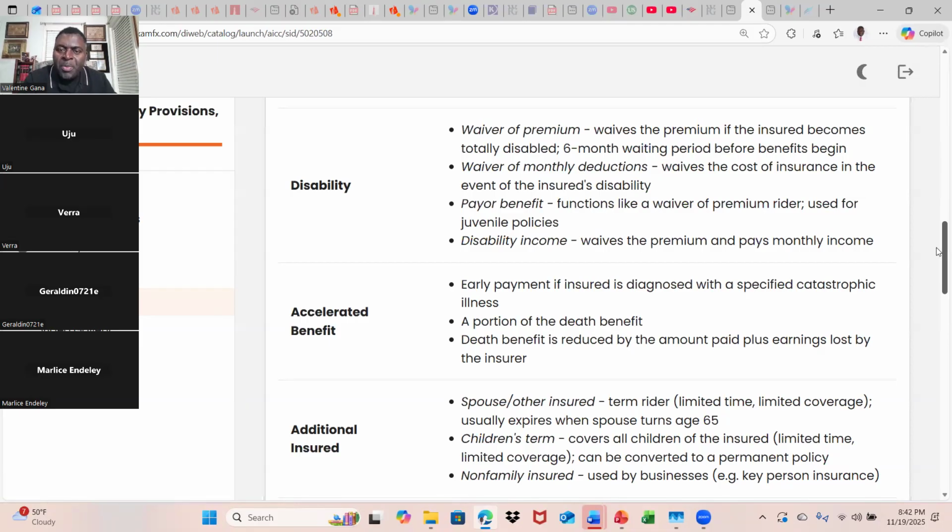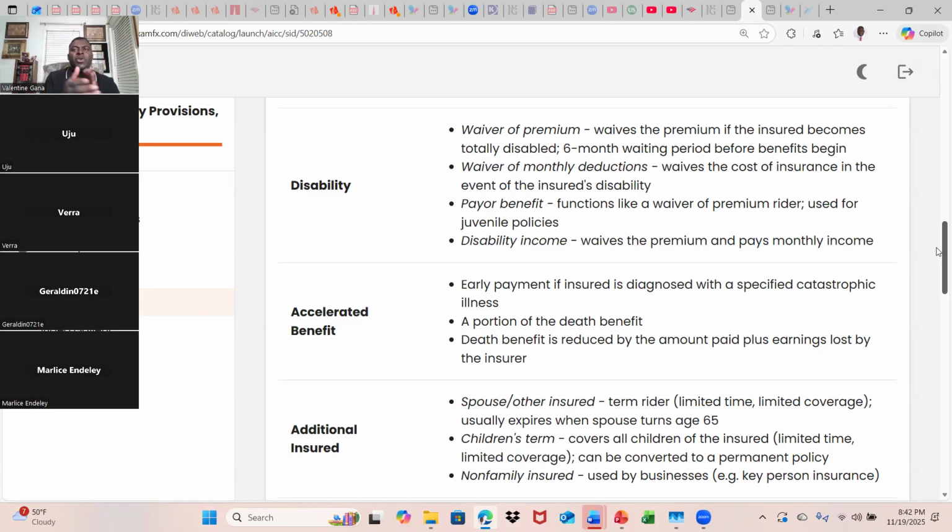What is waiver of premium? There are some policies that have something they call waiver of premium and payer benefit. You will see these two concepts on the exam. What is waiver of premium, and what's the difference between the two of them?